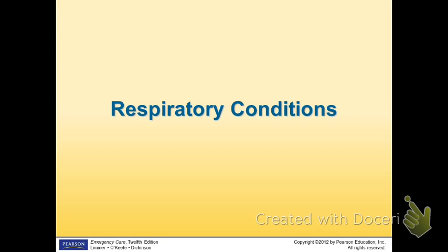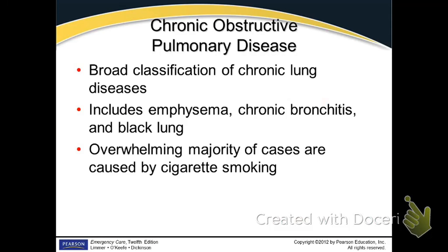All right, let's look at some conditions right quick. All of these fit into chronic obstructive pulmonary disease, COPD. It's a very broad classification. Emphysema, chronic bronchitis, that black lung thing they always talk about, like with factory workers. Also, CHF fits in here, and asthma is also considered a COPD, but they don't necessarily list it there.